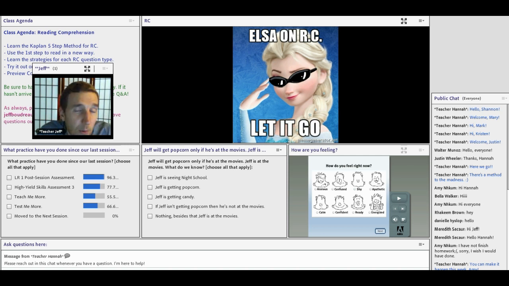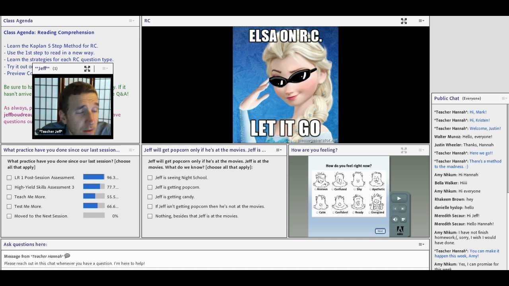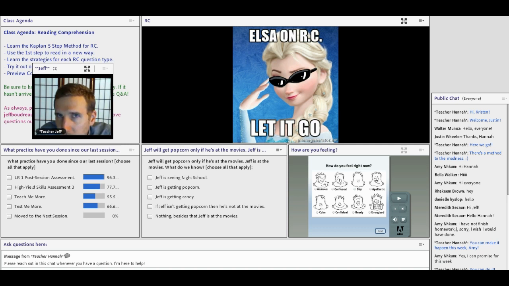I'm glad that more than 3/4 of you have, but I'd love to see that at the same percentage the post-session assessment is. Moving onwards in terms of teach me more and test me more, actually really cool that we're starting to see this swing toward more test. Previously, we had a bit more teach, and that's fine in the beginning. In the very beginning of your studies, you're new, you're learning the methods, and you need more exposure to exactly how do I approach these different types of questions, or remind me what that method is.